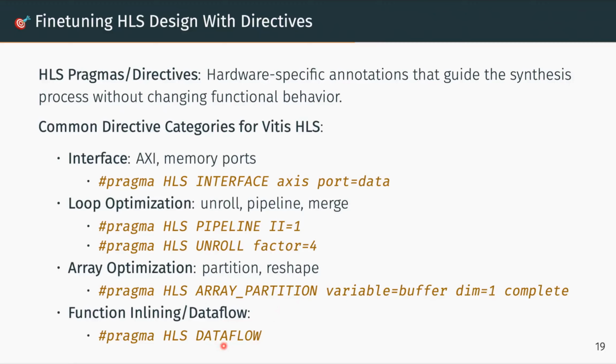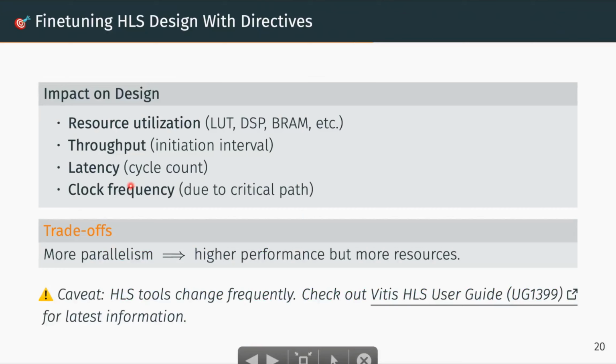And you also want to create some kind of dataflow in the code, where parts may run in parallel in some way. That's the dataflow pragma. These choices will cause differences in resource utilization, and the throughput will also be different, as will the latency and the clock frequency you can achieve due to the critical path.